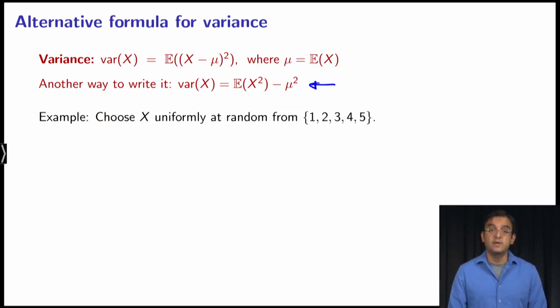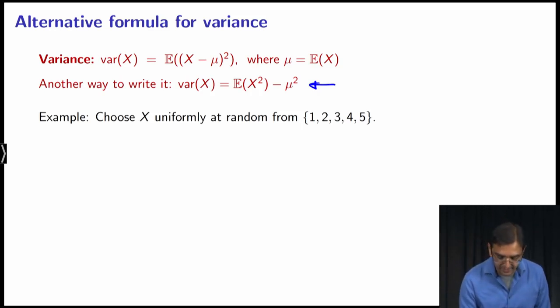Okay, so let's go back to our earlier example where we chose x uniformly from 1, 2, 3, 4, 5. Now in this case, we saw that the variance was 2 using the original formula. Let's try it again using the new formula. Okay, so what is the expected value of x squared?